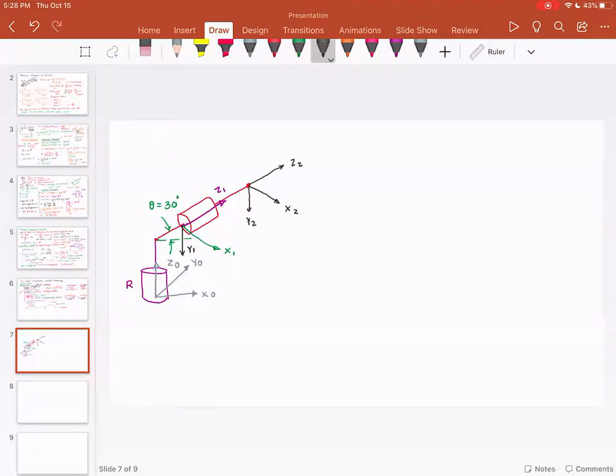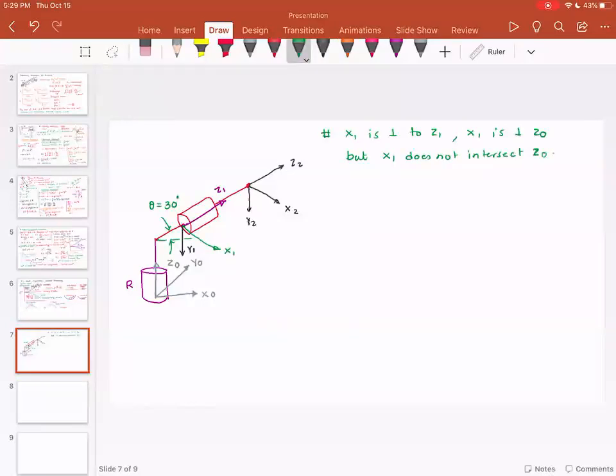x1, if you were to translate, you would see that x1 is perpendicular to z0 as well, but x1 does not intersect. So I need to write this down. So note, x1 is perpendicular to z1, x1 is perpendicular to z0, but x1 does not intersect z0.